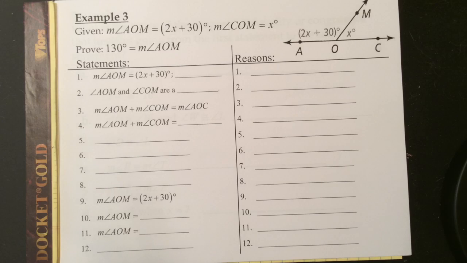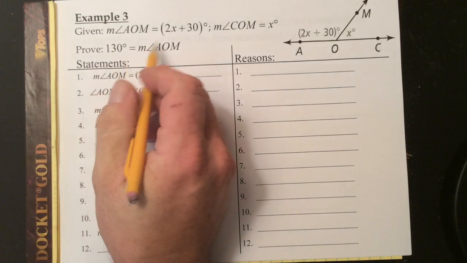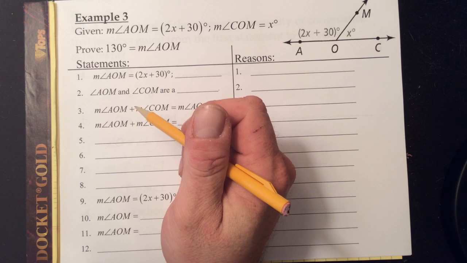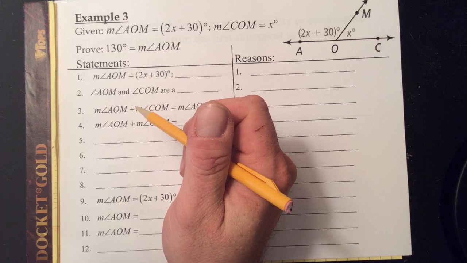Example 3. Now I think you're ready for a geometric proof. Taking a look at example 3, in this example you'll learn how to write a formal geometric two-column proof. Find the measure of angle AOM equals 130 degrees by using a proof to justify each step you take in solving the problem.